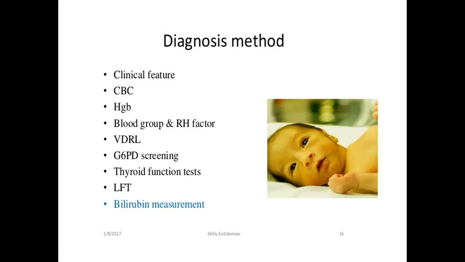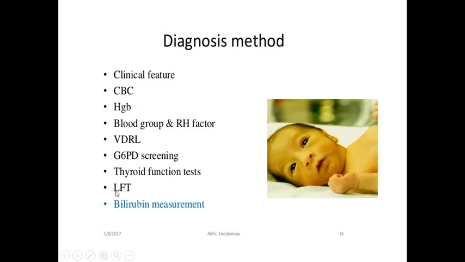This mental retardation can be prevented by starting thyroxine immediately. So to make sure that it is jaundice due to liver immaturity and not due to thyroid abnormality, you have to do the thyroid function test, TSH.